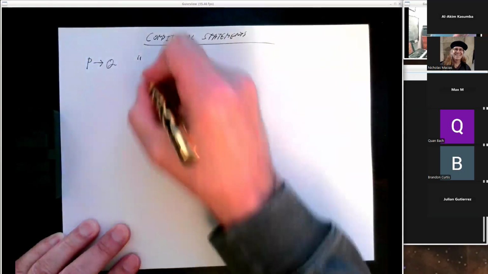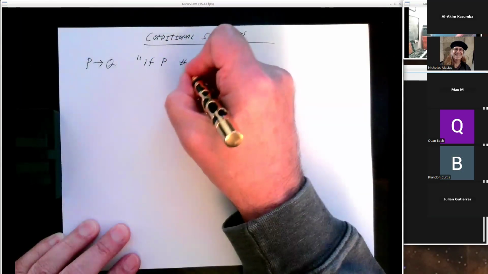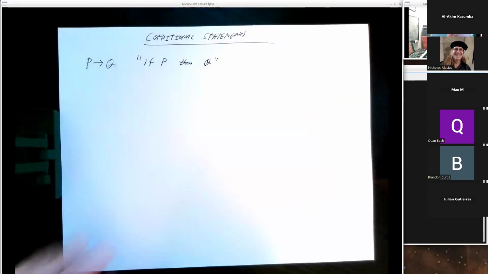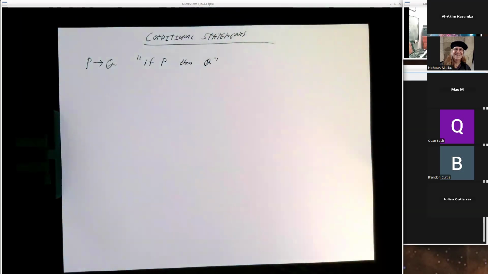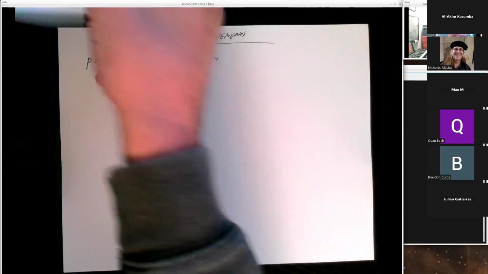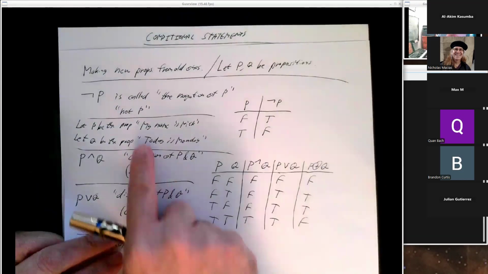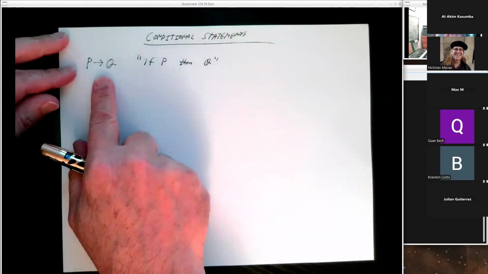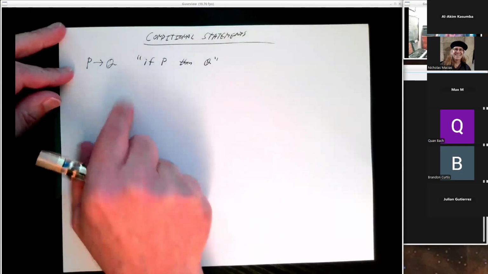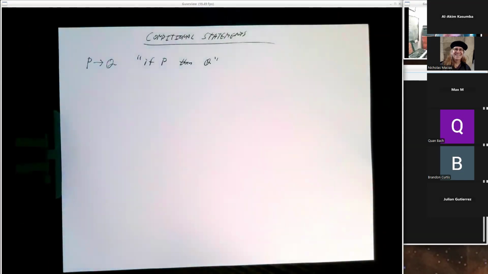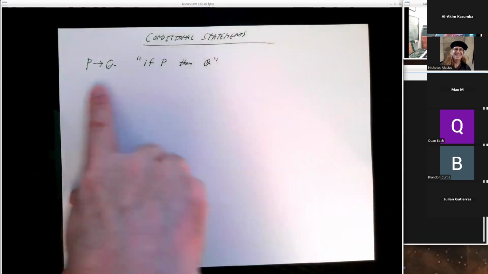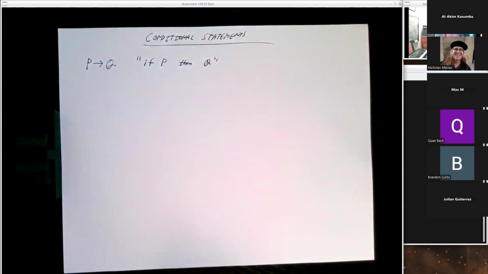A conditional statement looks like this: P arrow Q. And we would say that as if P, then Q. If we wanted to spell out the proposition, again, thinking of P as the proposition, my name is Nick, and Q as the proposition, today is Monday, this proposition says, if my name is Nick, then today is Monday. Kind of a weird statement. But if you want to translate this into words, just put an if P, then Q. It's exactly what it means.